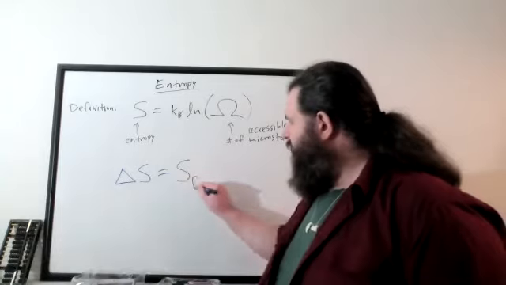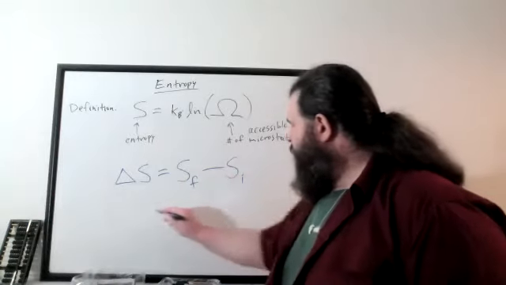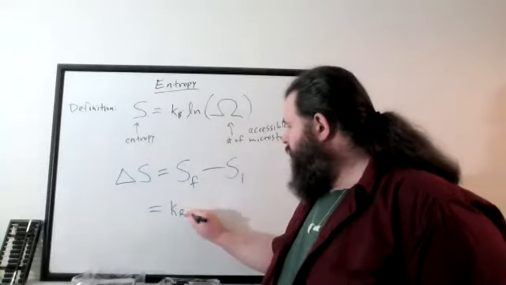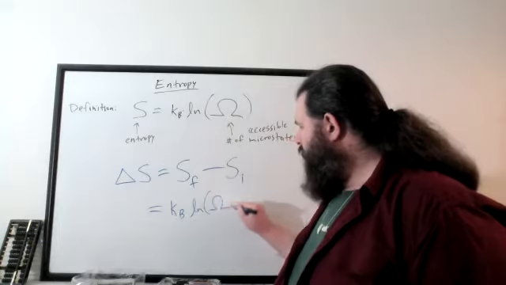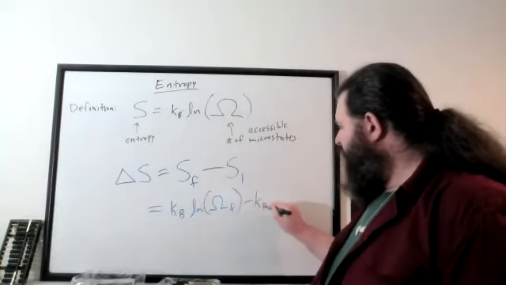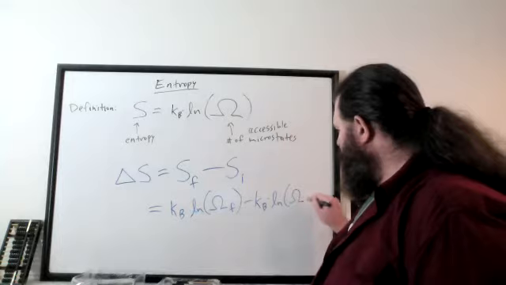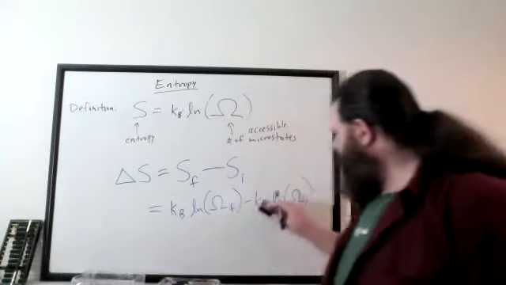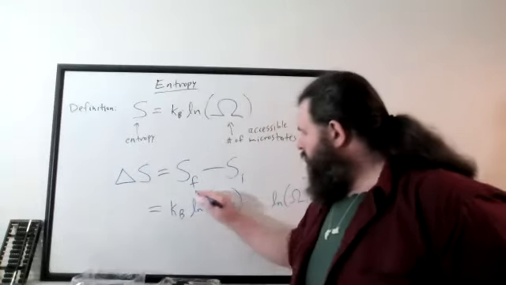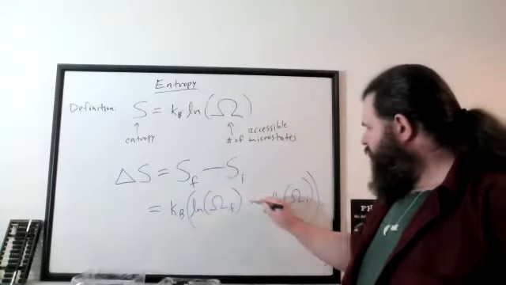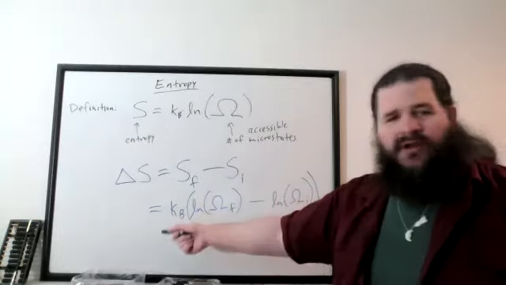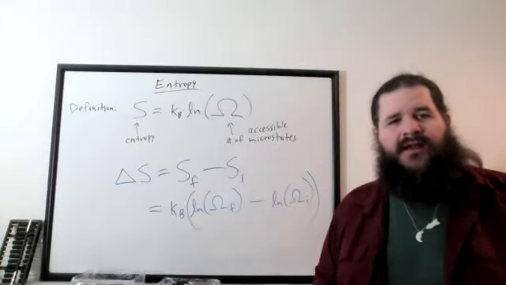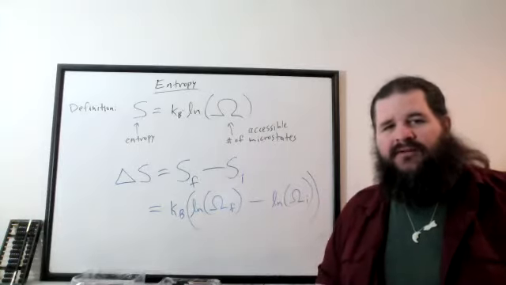If we just write out final value minus initial value, we can express each one of those as Boltzmann's constant times the logarithm of the number of microstates, final and initial. But it's the same k_B, the same Boltzmann's constant for both, so we could just factor that out. And say this is just Boltzmann's constant times the logarithm of the final number of microstates minus the logarithm of the initial number of microstates. And now we can use some of the magic of logarithms.